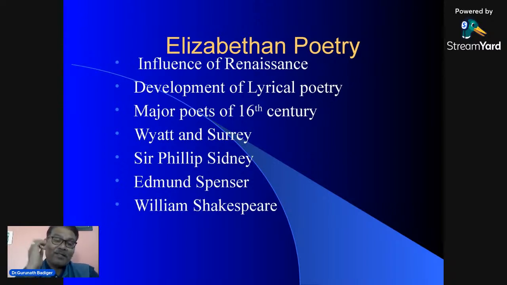A sonnet is basically a love poem, a poem of 14 lines written in iambic pentameter. There is some rule for that. And Wyatt followed the Petrarchan model, 8 plus 6, octave and sestet. The octave constitutes 8 lines, the sestet constitutes 6 lines, with ABBA, ABBA, CDE, CDE as the rhyme scheme.